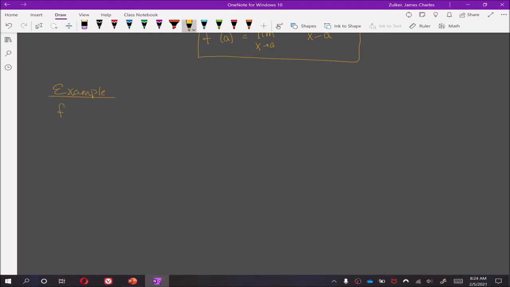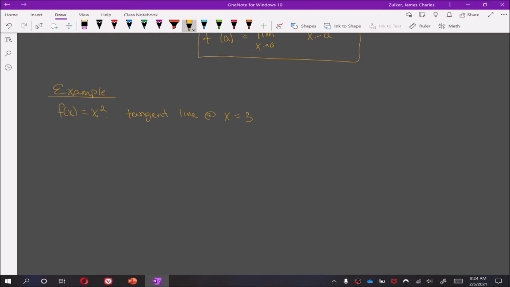So we're given a function f of x equals x squared. We want to find the tangent line at x equals 3. So remember, tangent line, or rather equation of a line. There are two equations.